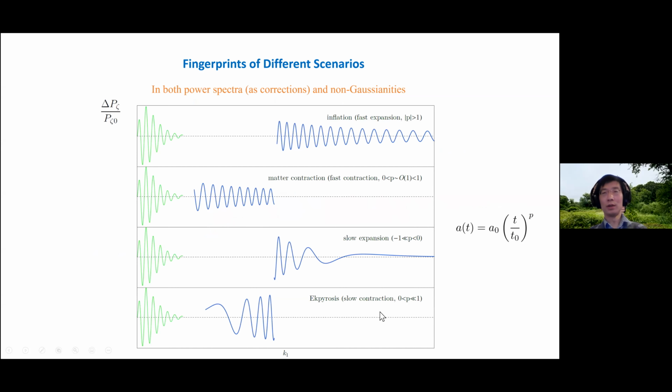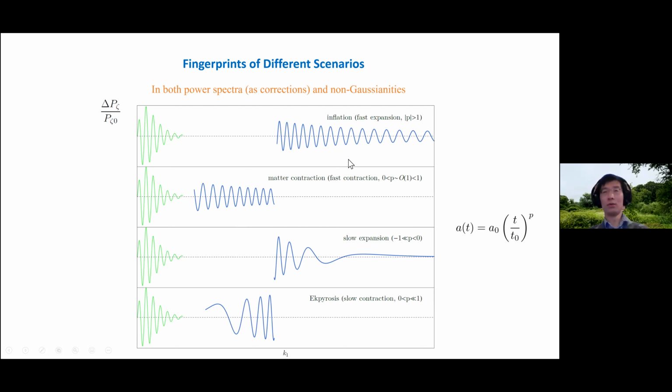So here is a full set of predictions. It's only a sketch of predictions for the various scenarios that I mentioned. As you see, the green lines are all sinusoidal ringings, universal for all scenarios.